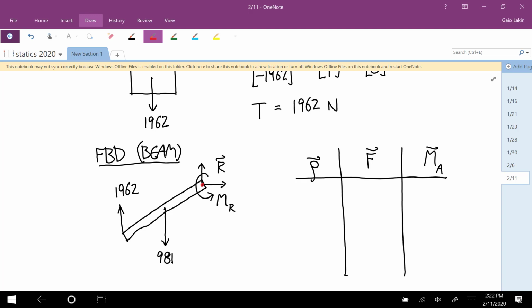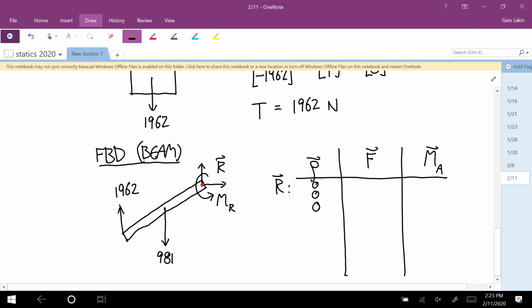Okay, so the red is the about point. And let's just go through all these loads and fill out a row for each one. So first I'll deal with that reaction force R. The rho vector is the vector from the about point to where the force is applied. So what's that in this case? Yep.